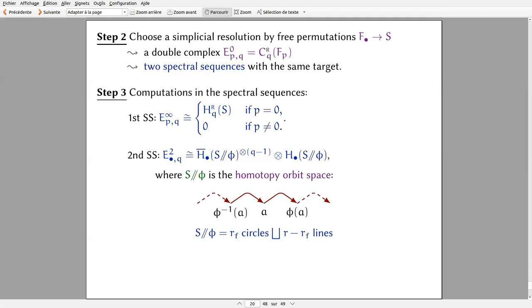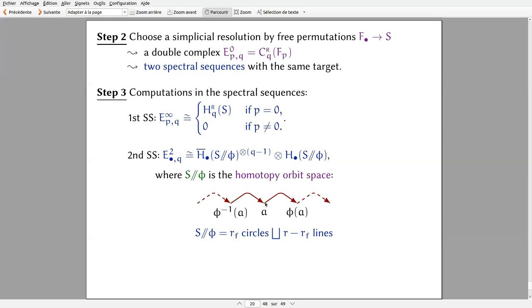You can build it from the mapping cone of your map phi, or concretely you can take some points, one point for each element of your set, and you relate by an arrow each element a and the element phi of a. And when you think about the space, you understand it immediately.